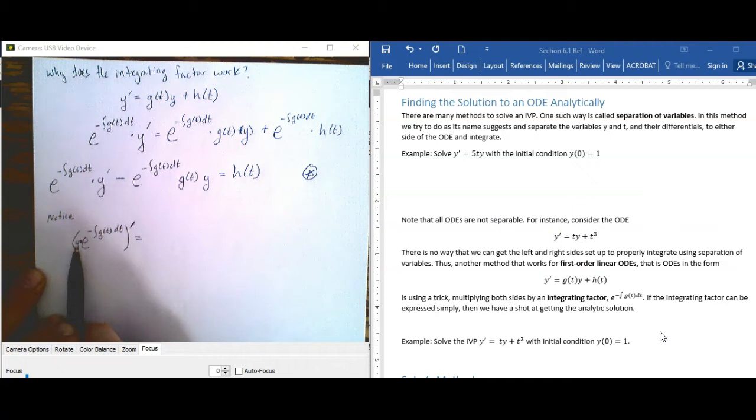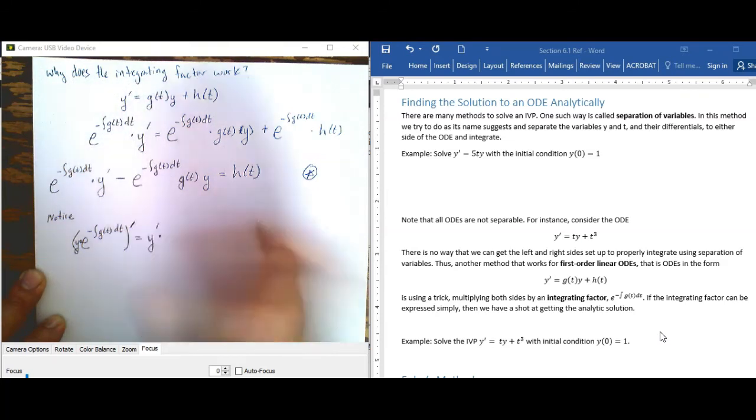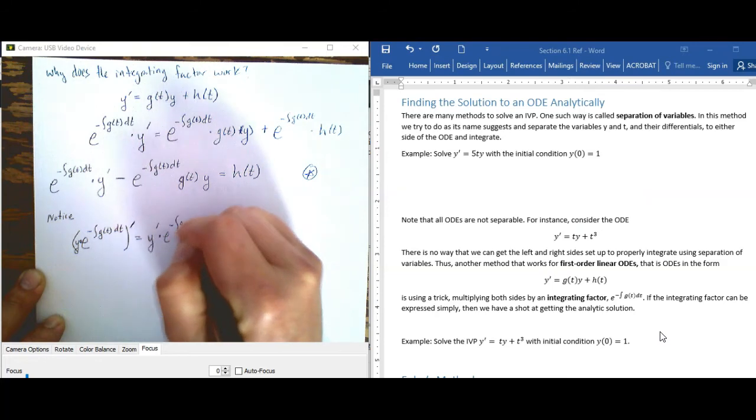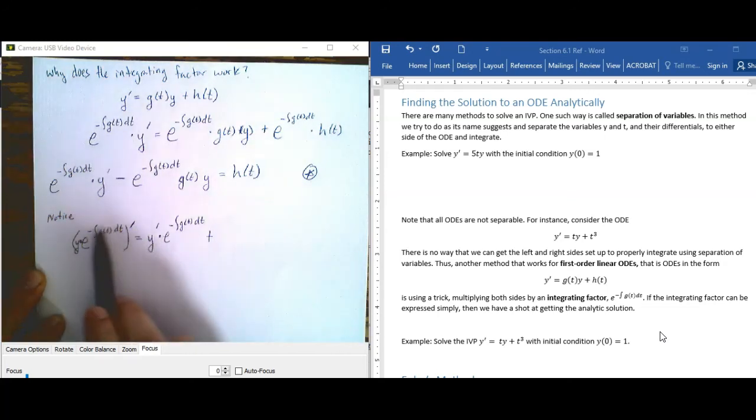So, the product rule says the derivative of the first times the second. So the derivative of y with respect to t is simply y prime times the second function, e to the negative integral of g of t dt, plus the derivative of this second function here. So what's the derivative of e to this power?